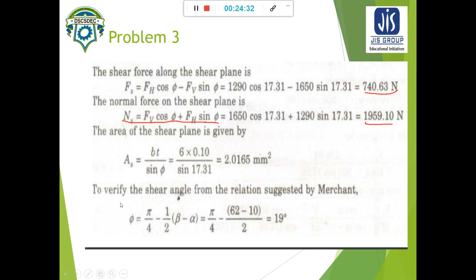These last two parts are not important. If we need to do Merchant circle analysis, you have to find up to this value only, that is Fs and Fn. These two values should be there.